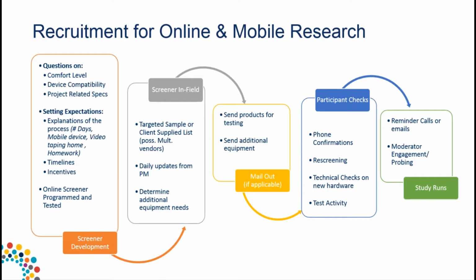So whenever you're doing an in-home usage test, for instance, with our technology, it is going to result in some additional incentive budget. Then we program our online screener, test it, and begin the recruiting process. One thing that we added in the last year or so is the ability to, well, in fact, it's something that we've done over many years, but we've really kind of formalized the offer.